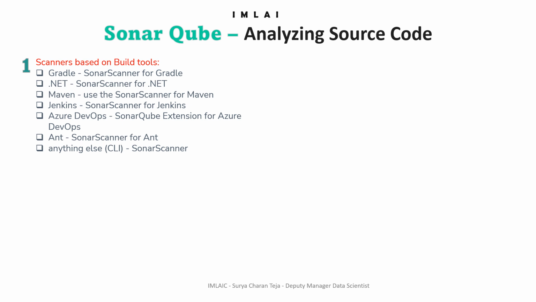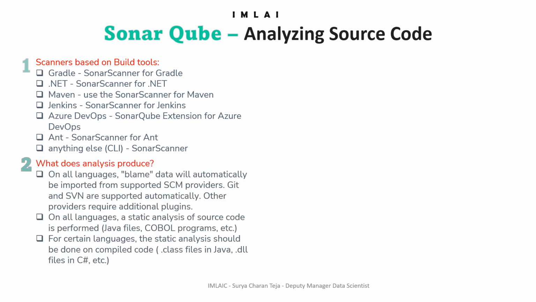So the next question that arises is, will all files be analyzed? By default, only files that are recognized by your edition of SonarQube are loaded into the project during analysis.